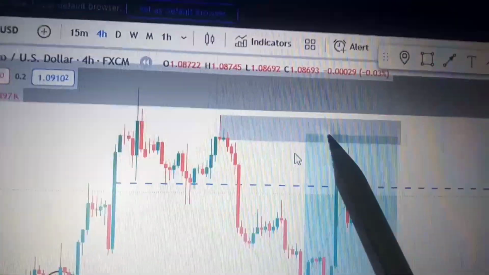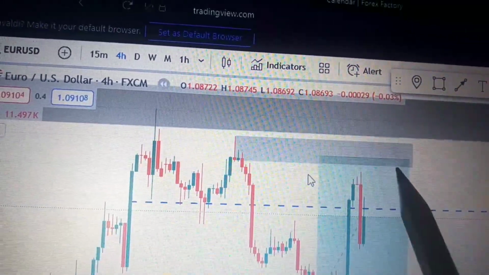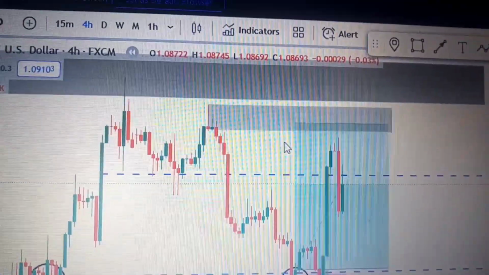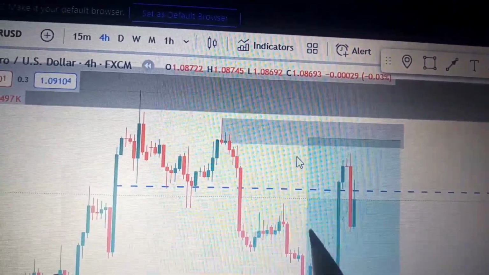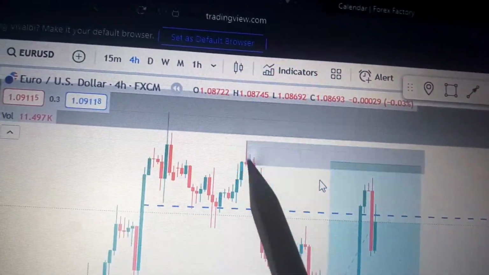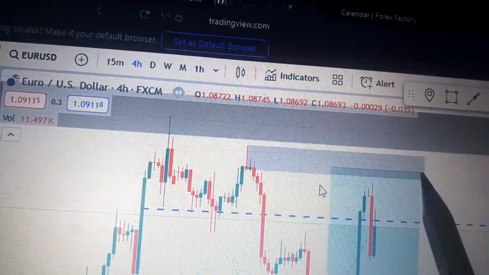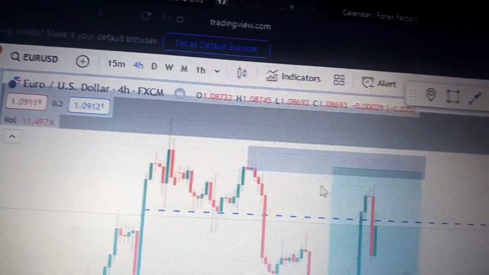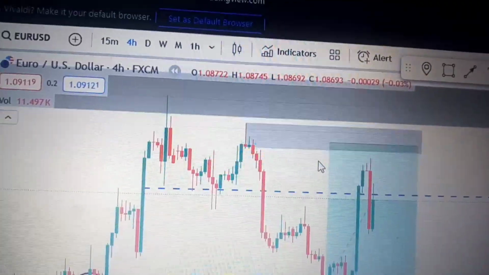And today, because we have a lot of news, I don't know if it will reach here, but at least a break even. So even if it goes bad, at least I'll not lose my money. So use an order block, so at least you can know where to take your TP. Okay, so that is an example of a double bottom.